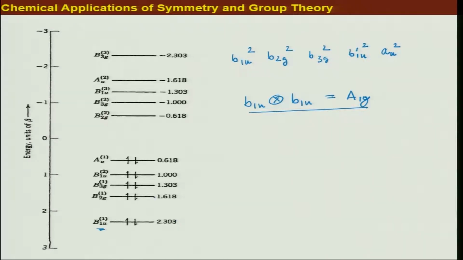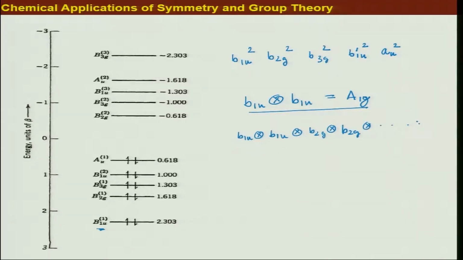Now if you have 5 different orbitals, each of them with 2 electrons, then for all of these orbitals, if you do this direct product, overall you will get the symmetry of the state. So essentially you have to do B1U cross B1U, then B2G cross B2G, and so on.